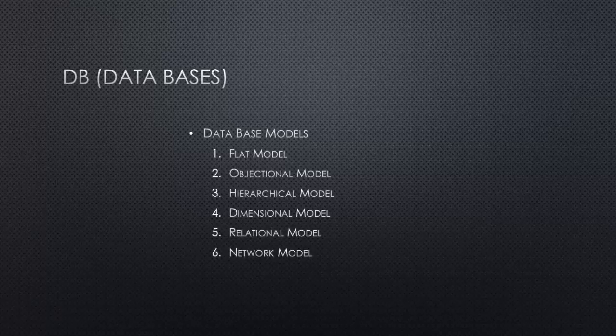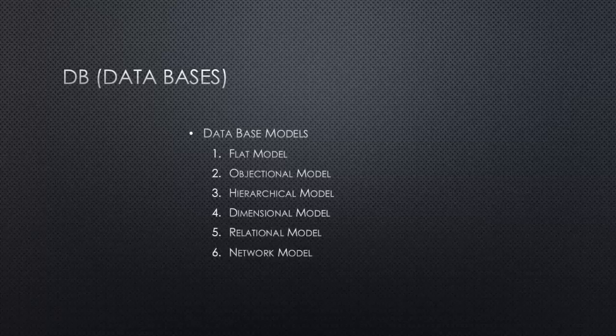Next is the relational model. It's basically data that's stored in many different tables, and it's named for its purpose. The primary function of each table is to relate to other tables, so there's a connection that's formed between them. Last is the network model.